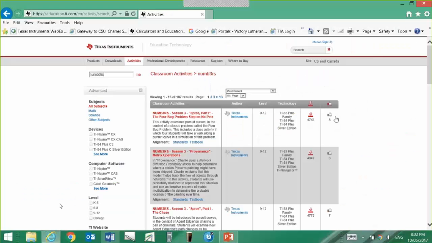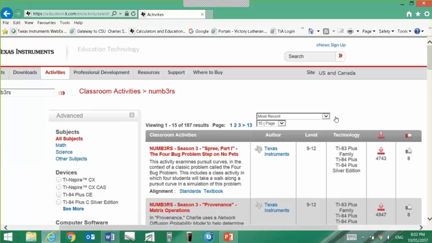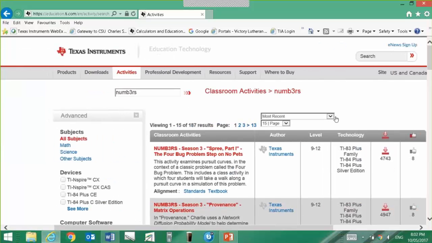One of our participants said that we can still get those activities from the US website, and thank you, Jim, for reminding us of that.